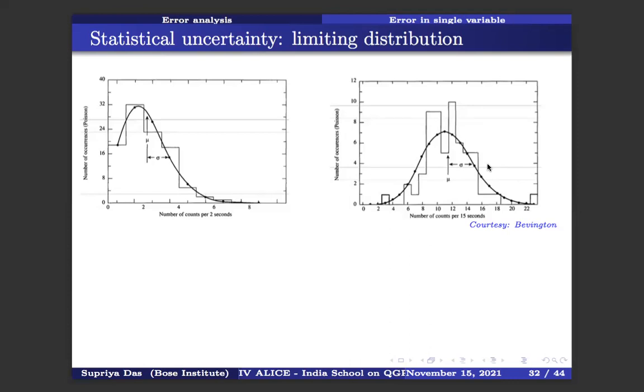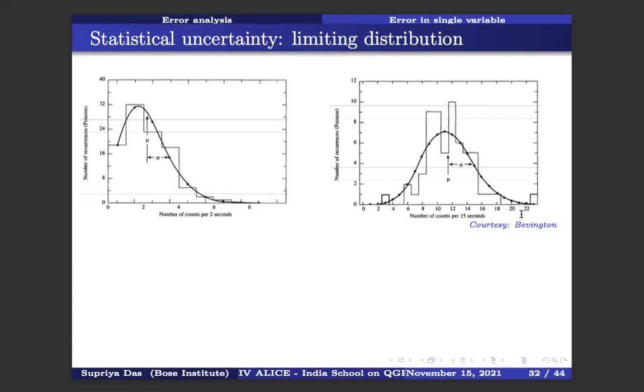Here what we discussed is that the process of radioactive decay itself is random. You do not know when it will decay, when not. But if you take enough measurements, so you have increased your interval to 15 seconds, and you have taken enough n in the events inside, it becomes Gaussian.